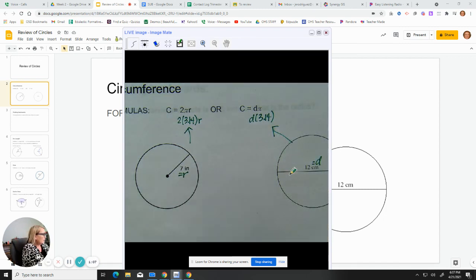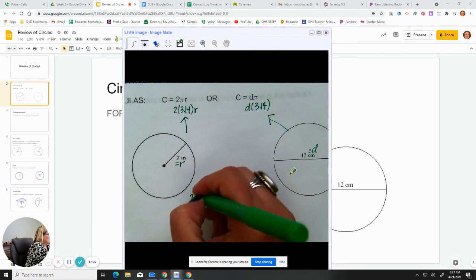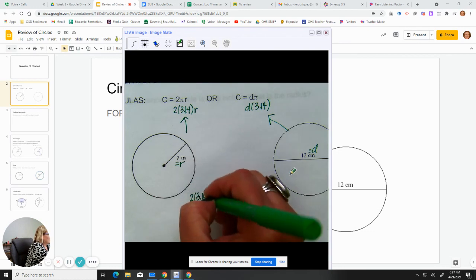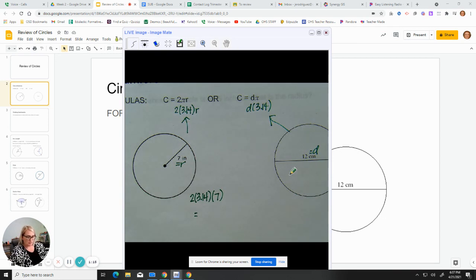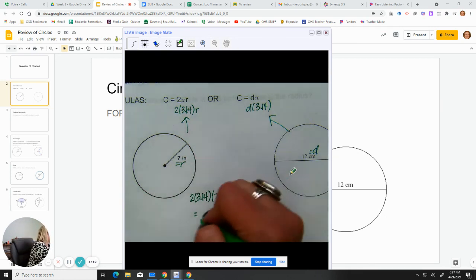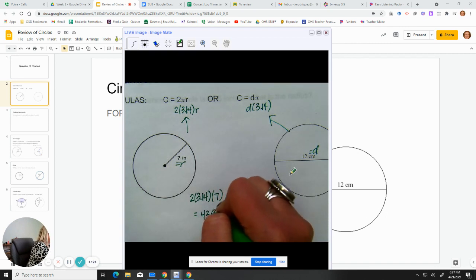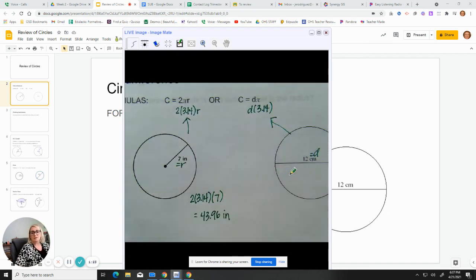For the one with the radius, we would say 2 times 3.14 times 7. And when we do that, 2 times 3.14 times 7, we get 43.96 inches. And remember, it is necessary for you to be able to put your units behind there.